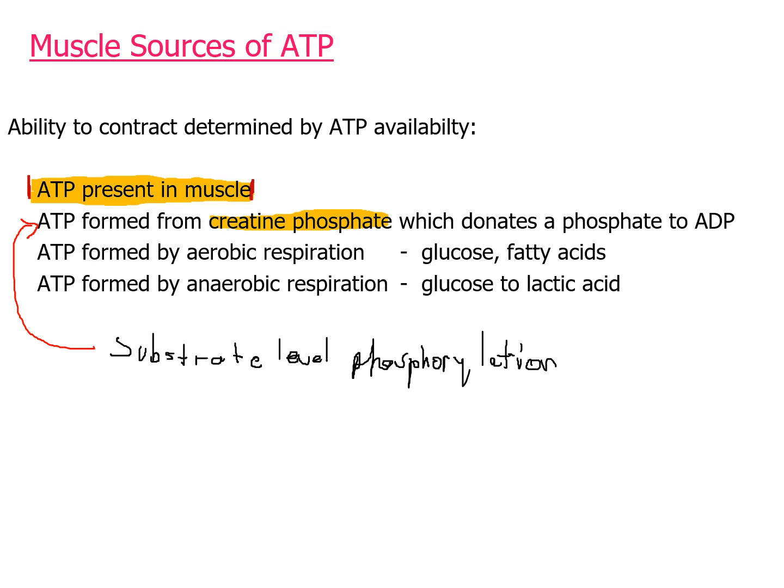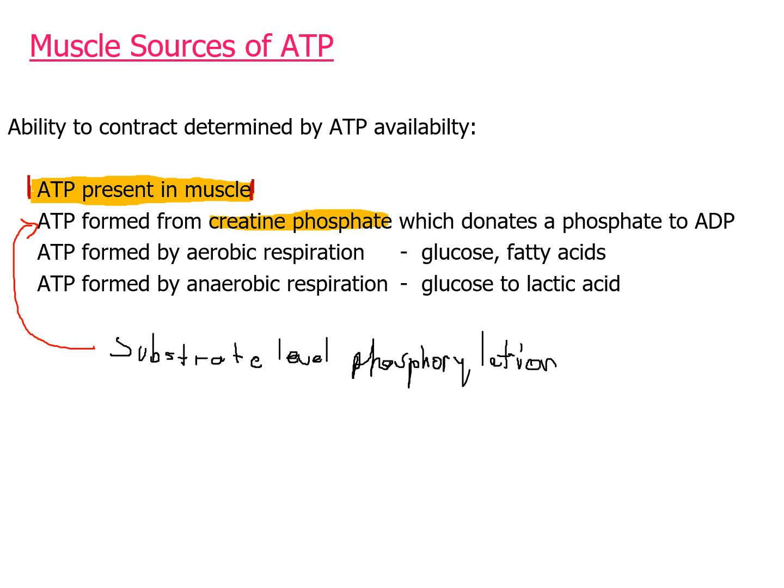So this is not a method that lasts for very long. The amount of ATP that can be generated from creatine phosphate stores is valuable, but it only lasts about 15 minutes, and then the creatine phosphate stores are exhausted.